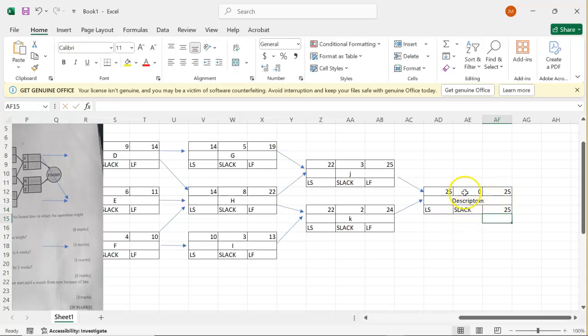For us to get the number which is in the middle, called the slack, slack will be latest finish minus early finish.